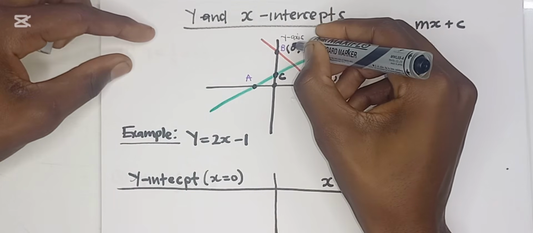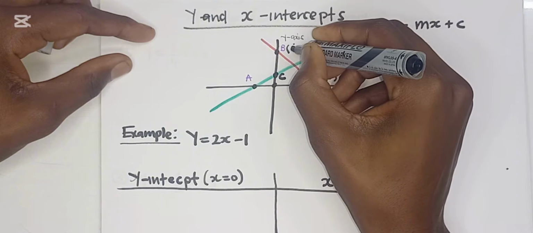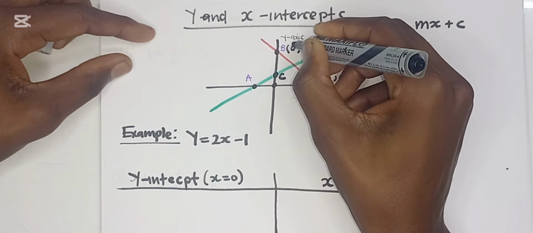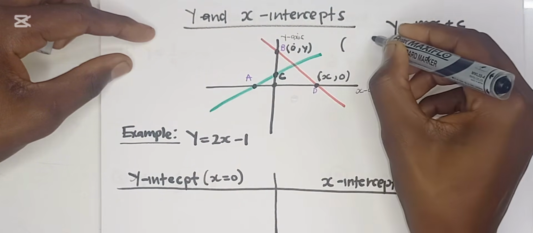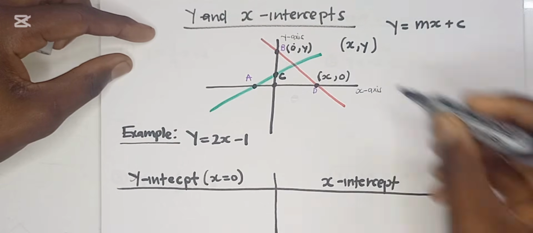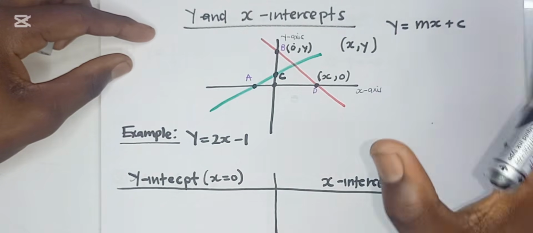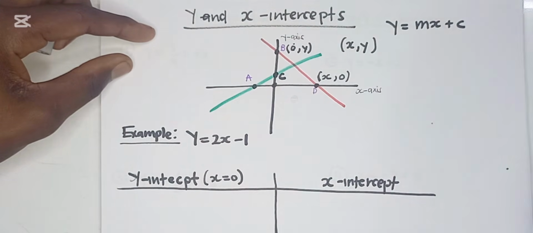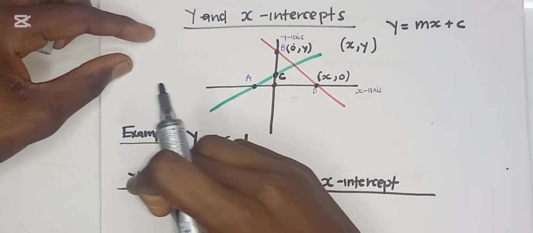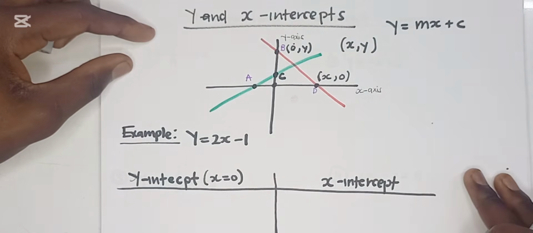Point B already has 0 on it, so to find the value of y, we just substitute 0 for x. Any coordinate consists of an x value and a y value, so the x value of the y-intercept is always going to be equal to 0. Hence, to find the y-intercept, we always put 0 for x.